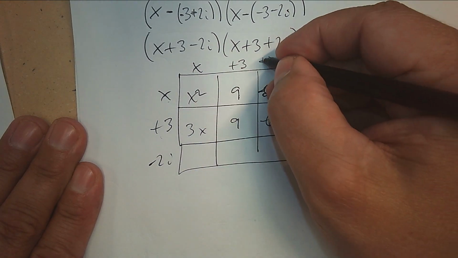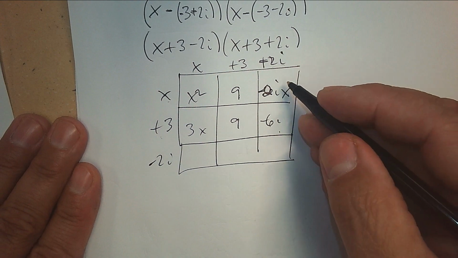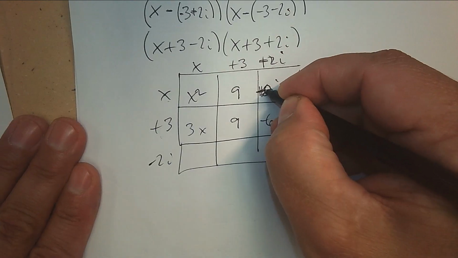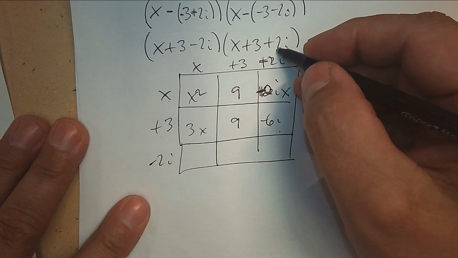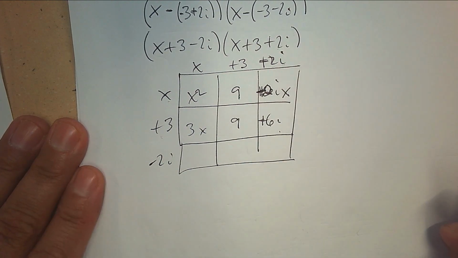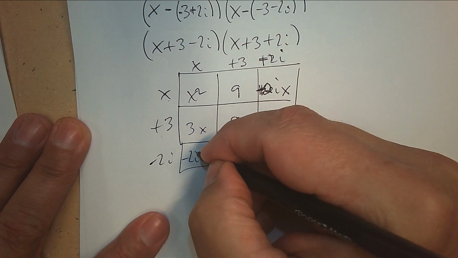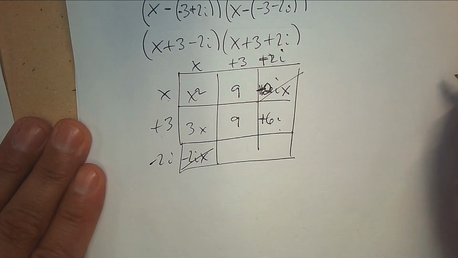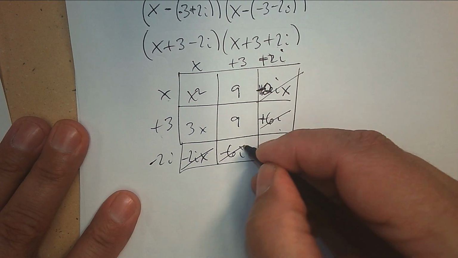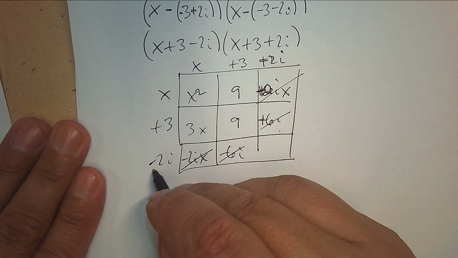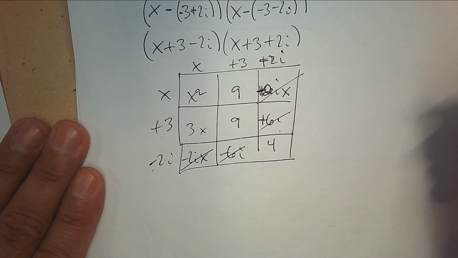This is a plus. So this is plus 2i. I knew things have to cross out. So if they're not crossing out, then I'm doing something wrong. Plus and plus is plus 6i. This is negative 2ix. See, these have to cross out. That's why I knew something was wrong. Negative 6i and positive 6i cross out. And then I got negative 4, but the i squared makes it a positive 4.